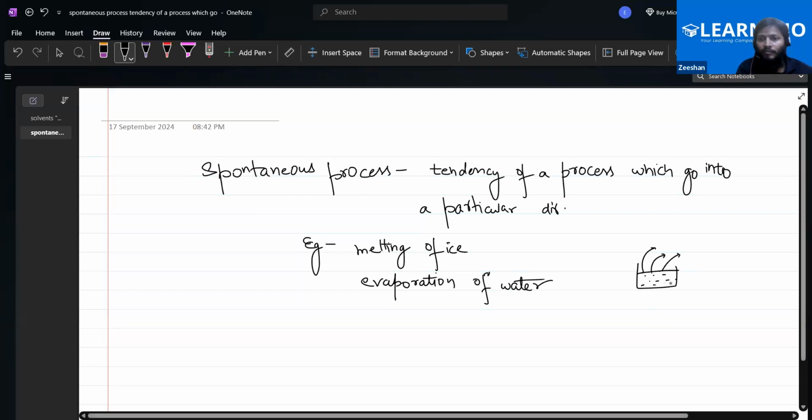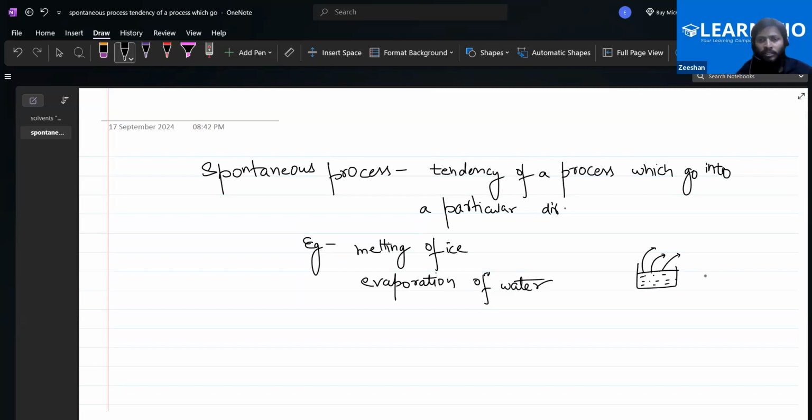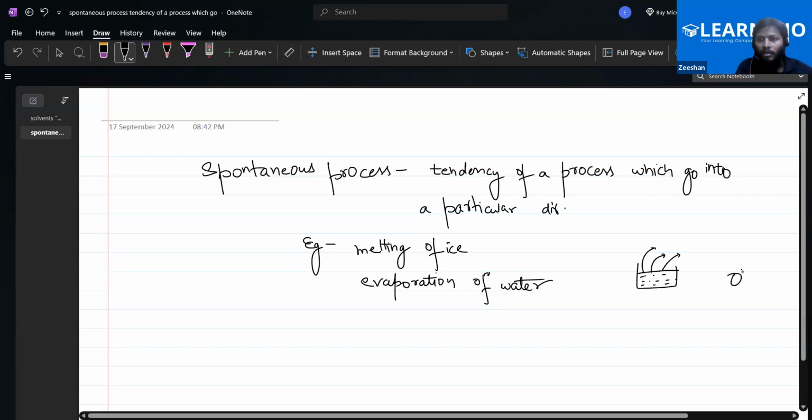So that is the only difference. At every temperature, at 0 degrees Celsius, you have ice also and water also, as you may have learned in the enthalpy topic and earlier topics.